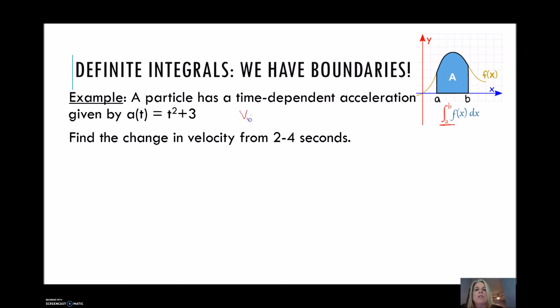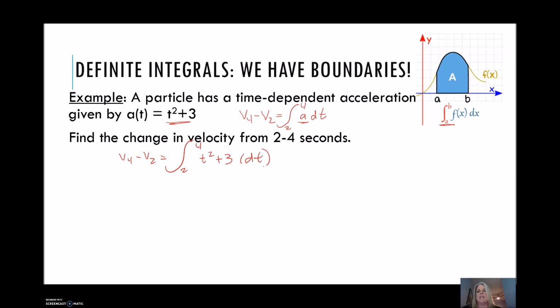So those are our boundaries. That's going to be the integral from 2 to 4 of a dt. For a, we plug in this equation. So our change in velocity is the integral from 2 to 4 of t squared plus 3 dt.